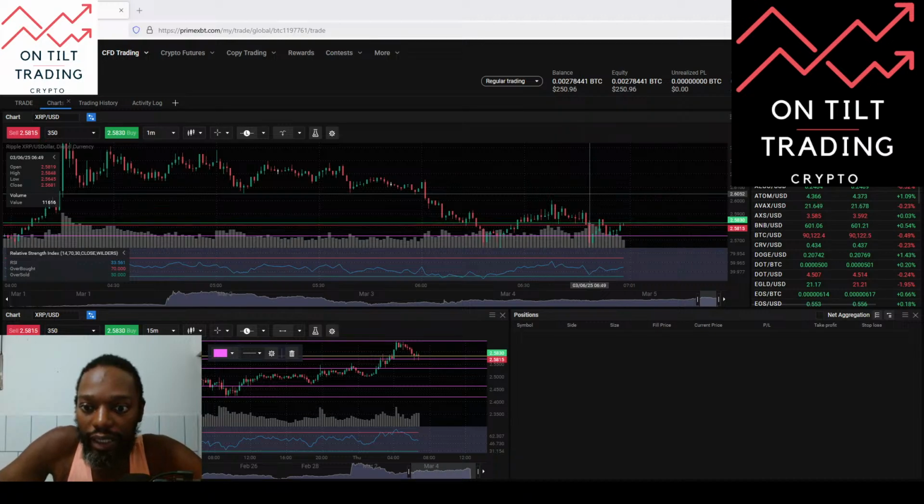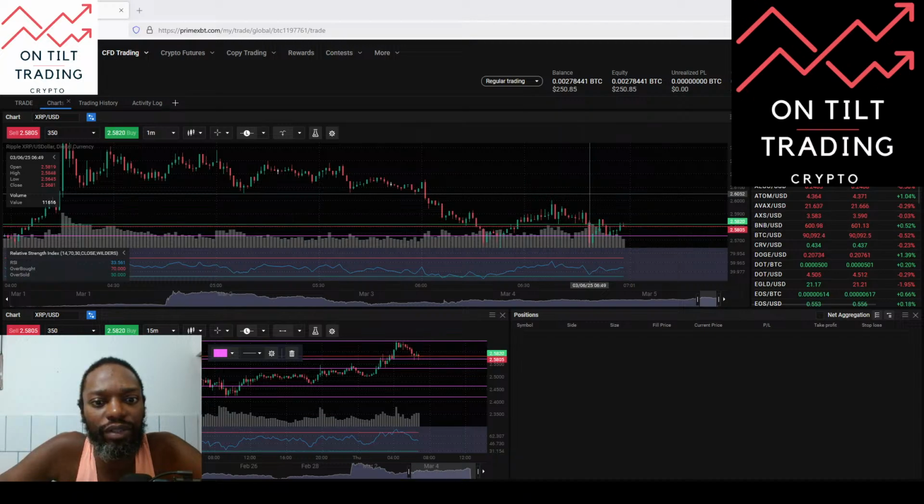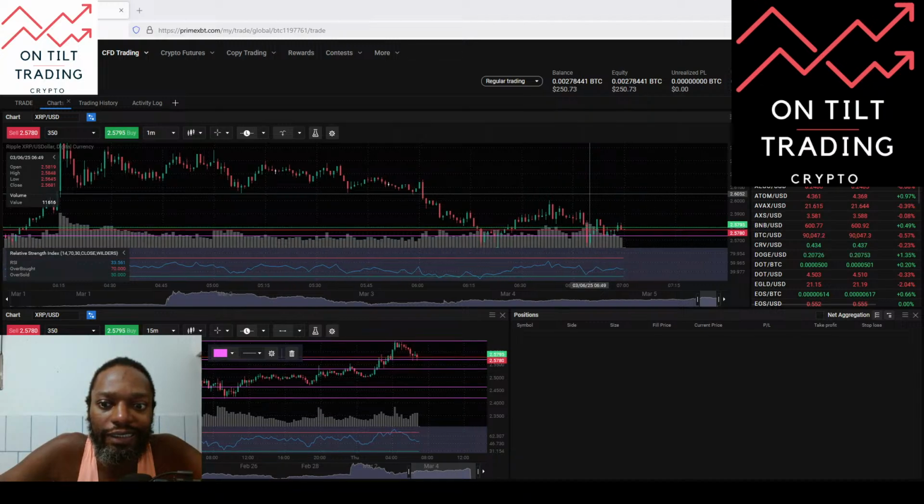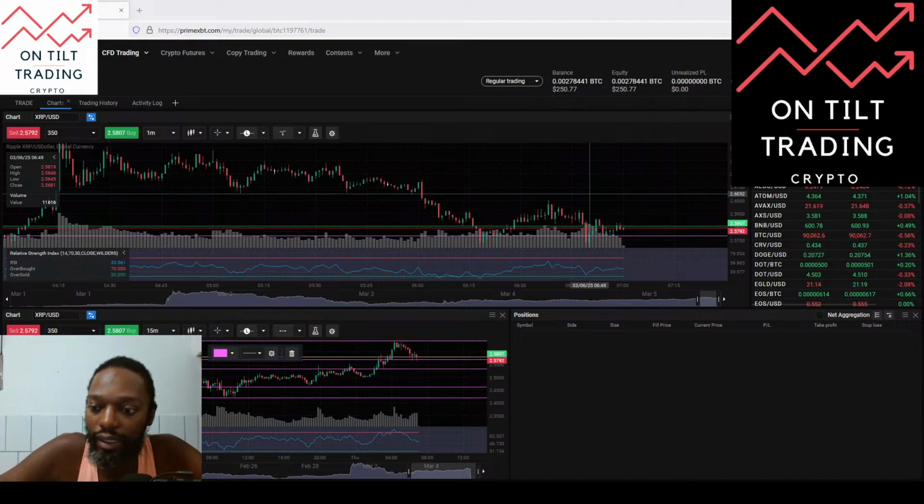The only thing that I'm considering is whether or not the position is longer, whether or not it has the potential to break out above the previous high. I'm not particularly optimistic at this time.